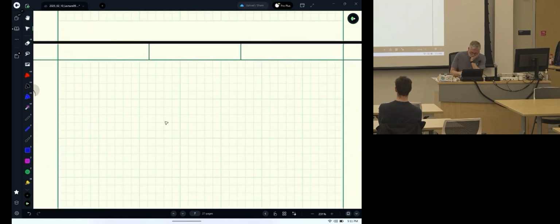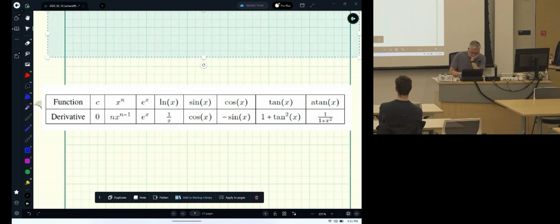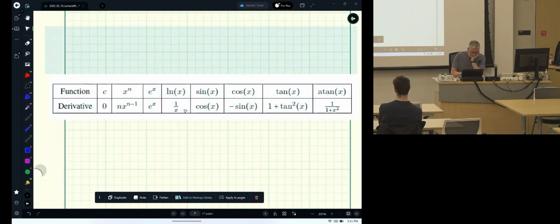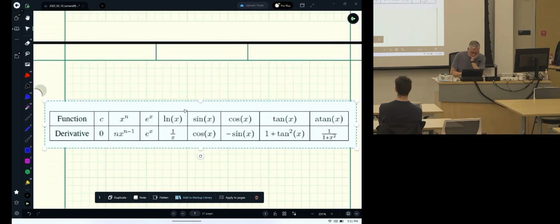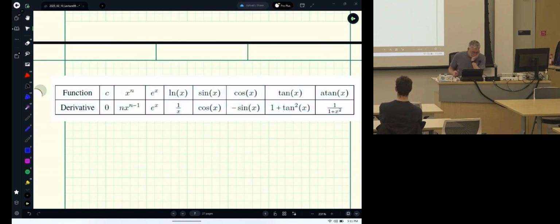So this is pretty much the only derivatives that are worth memorizing.